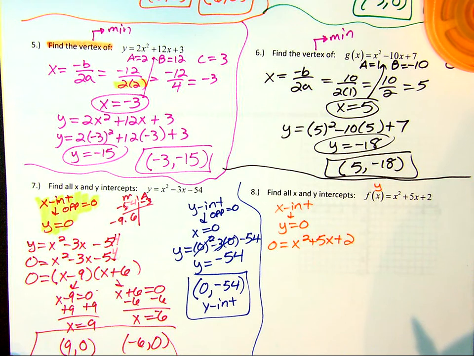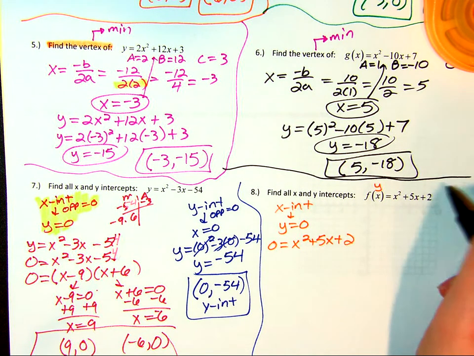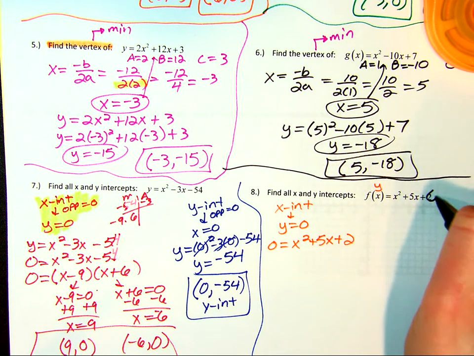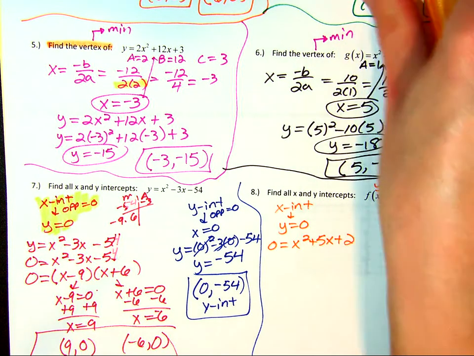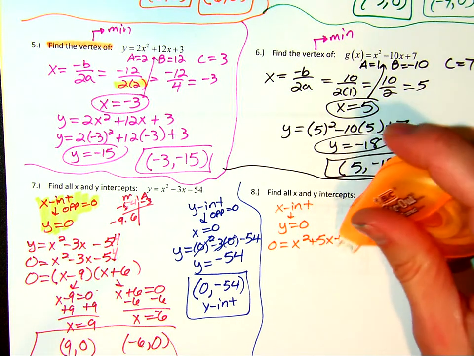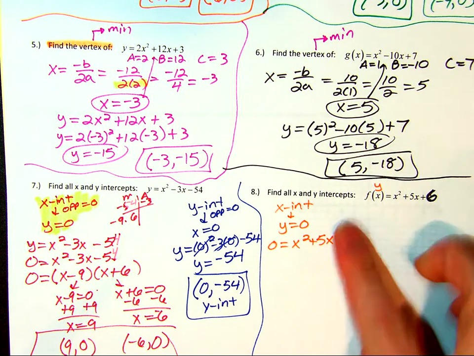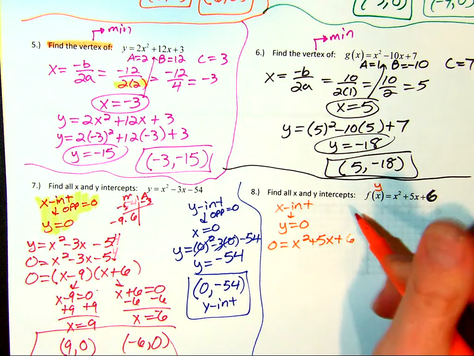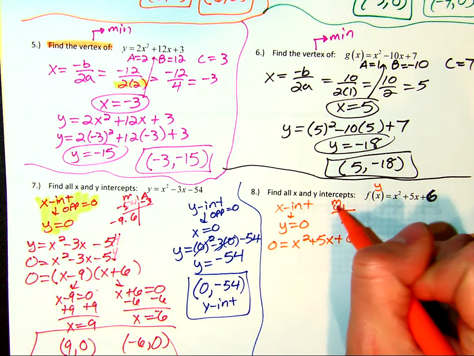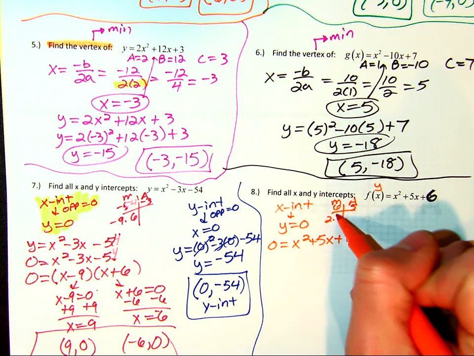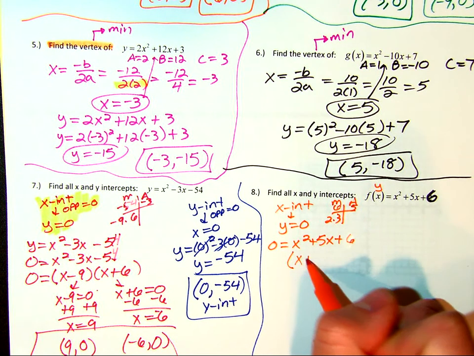And that was not supposed to be a 2, that was supposed to be a 6, so please make sure you change that. So this was supposed to be a 6 also, so we have to find two numbers that multiply to give us 6 and that add to 5, which would be 2 and 3. So x plus 2, x plus 3 equals 0.